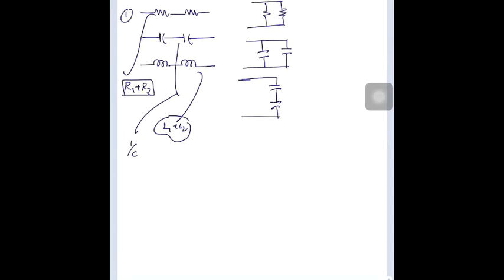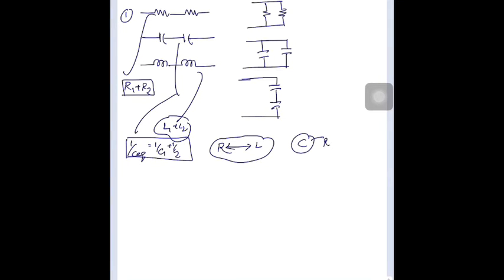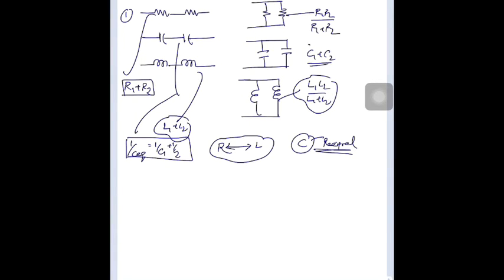Here it is reverse: 1 by C equivalent is equal to 1 by C1 plus 1 by C2. The basic thumb rule is that the formulas for R are the same as for L, and in case of C, just use the reciprocal. So in parallel, R equivalent is equal to R1 R2 by R1 plus R2, here L1 L2 by L1 plus L2, here C1 plus C2.